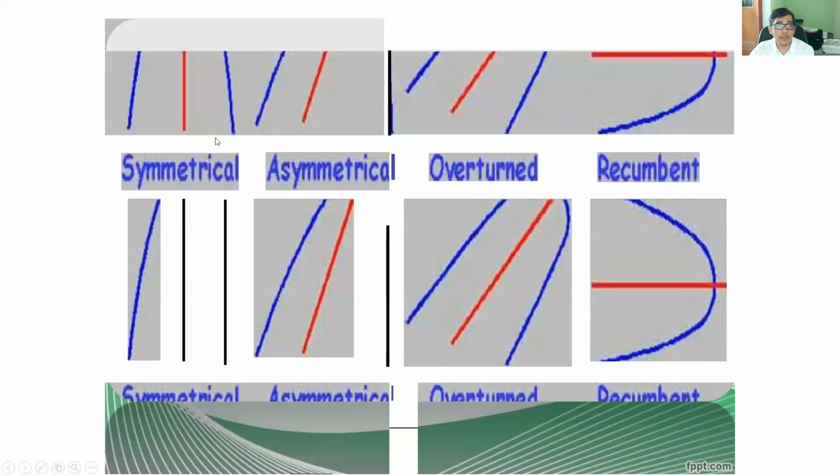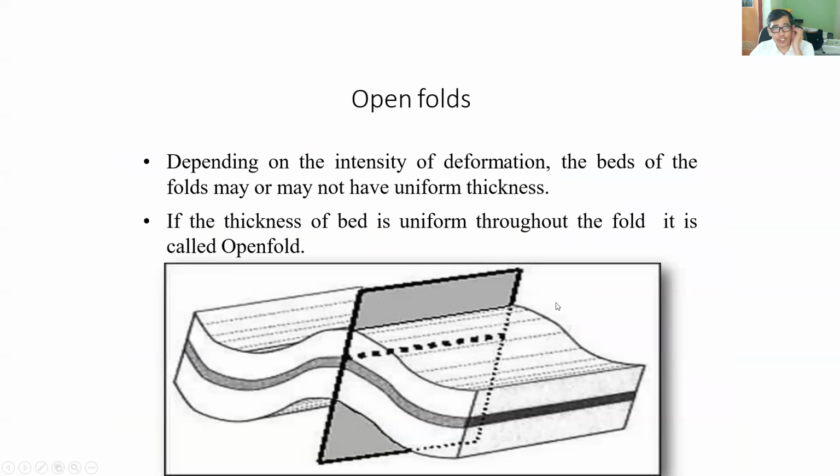So we have different types of folds. We have the symmetrical and the asymmetrical. This is not a good figure. The intensity of the formation of the beds of the folds may vary, and may or may not have uniform thickness. If the thickness of the bed is uniform throughout the fold, it is called an open fold.